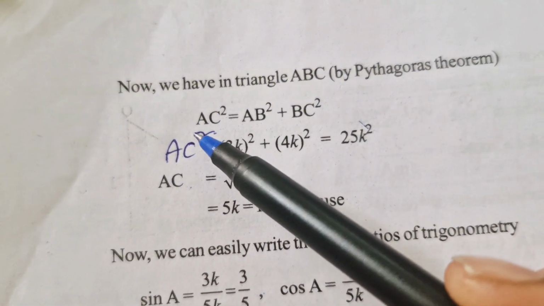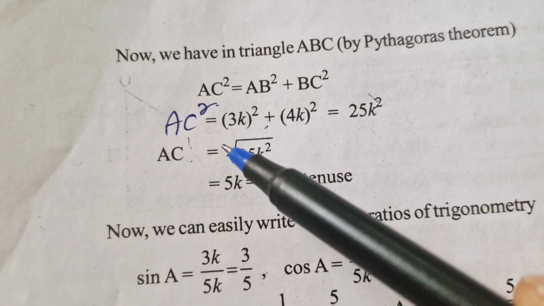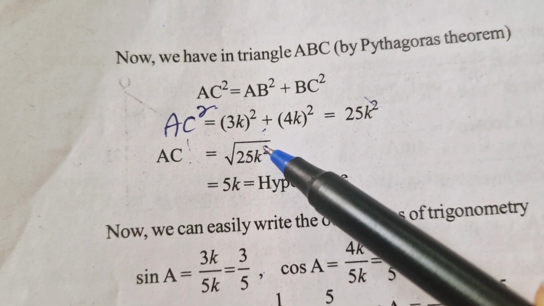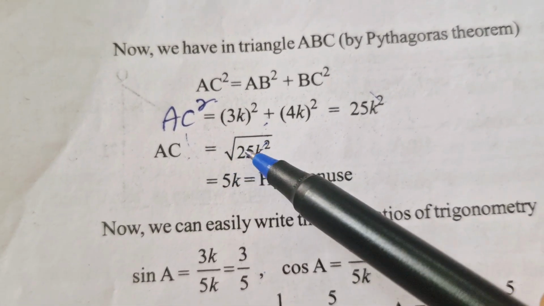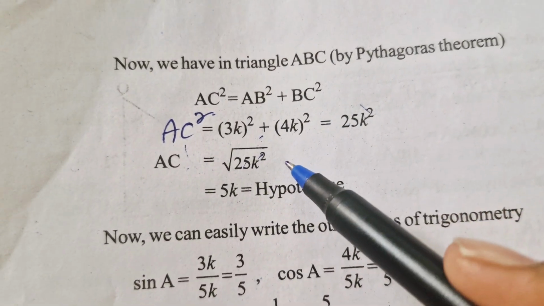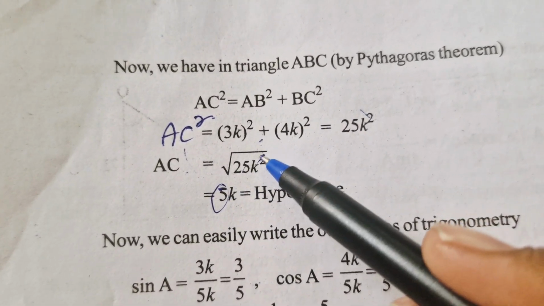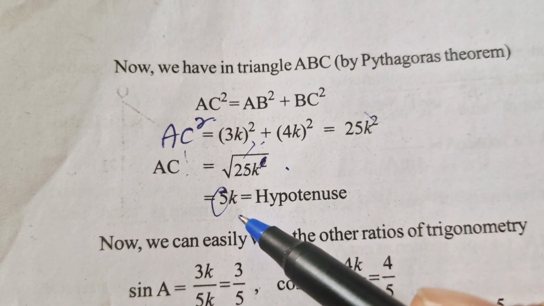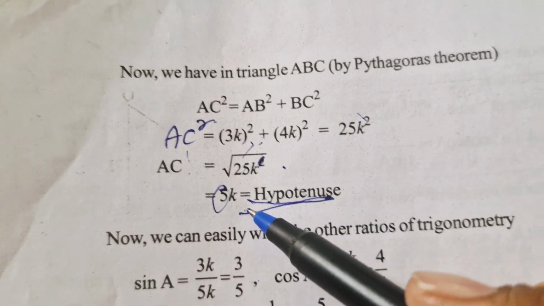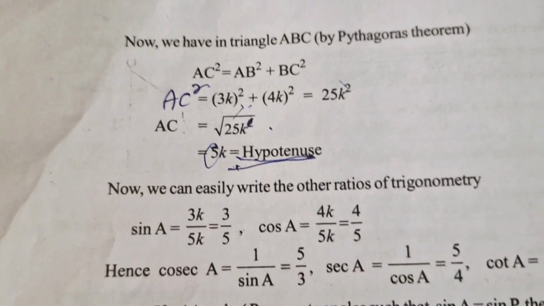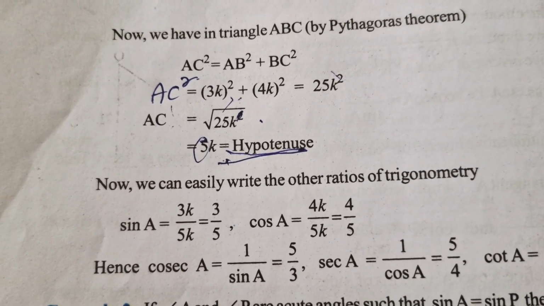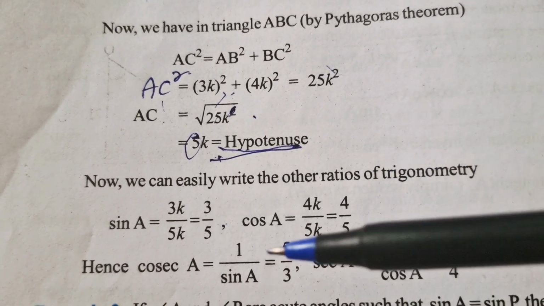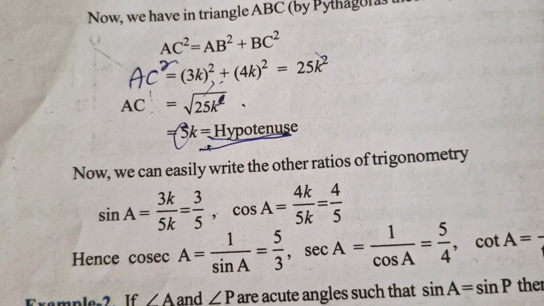We send the square to the right side, so AC is the root of 25K square. What is the value of root 25? It is 5, and for K, the square and root get cancelled. So 5K is the hypotenuse of the given right angle triangle. So 5K is the answer.